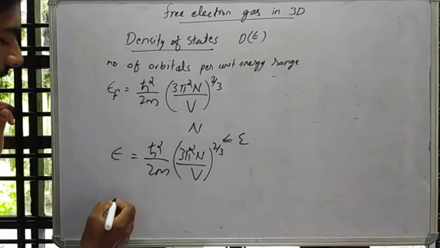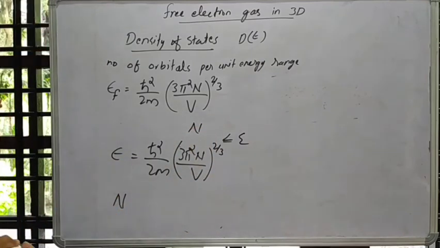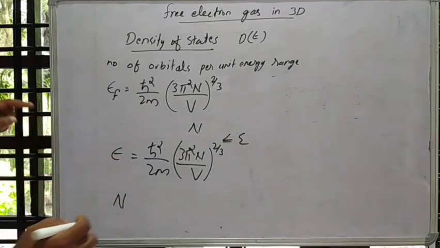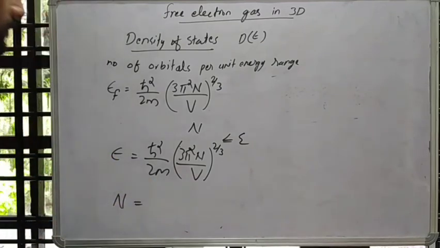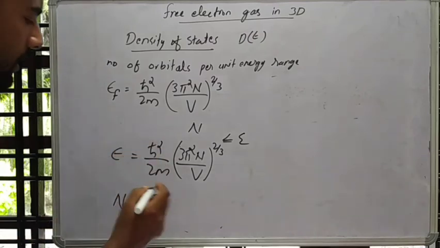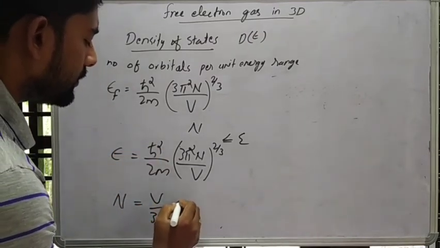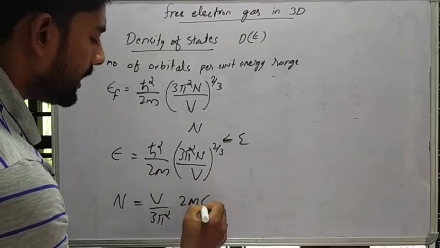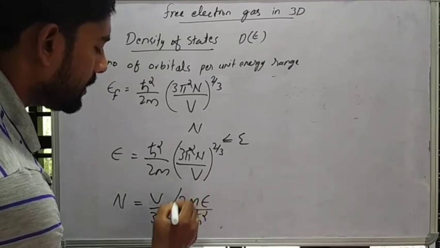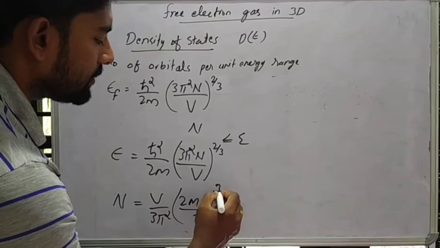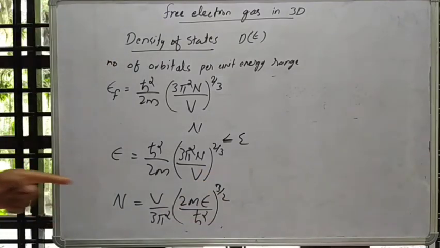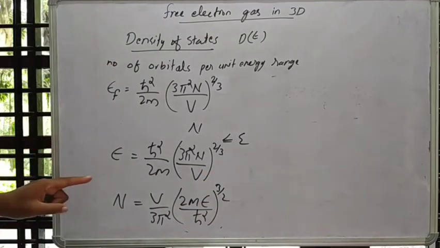And from this equation we can write the number of orbitals of energy less than or equal to E is equal to V/3π square into (2mE over ħ square) whole raised to 3/2. Okay, this is the number of orbitals of energy less than or equal to E.